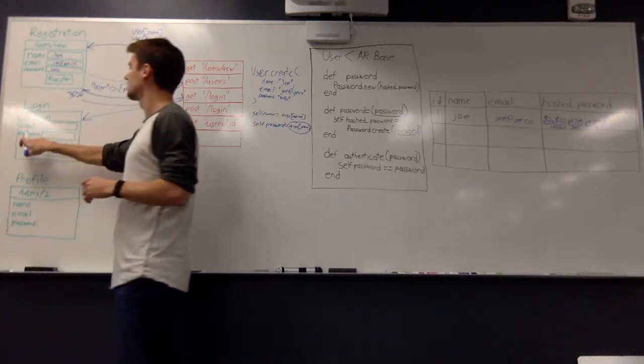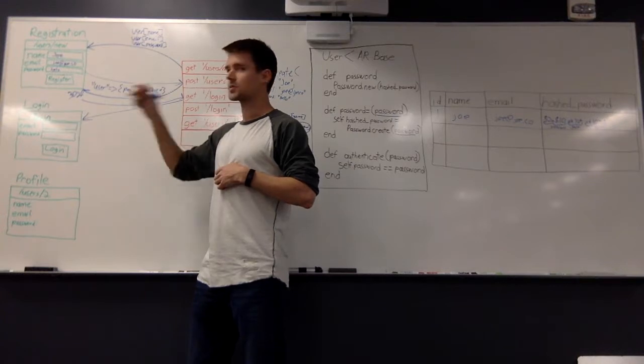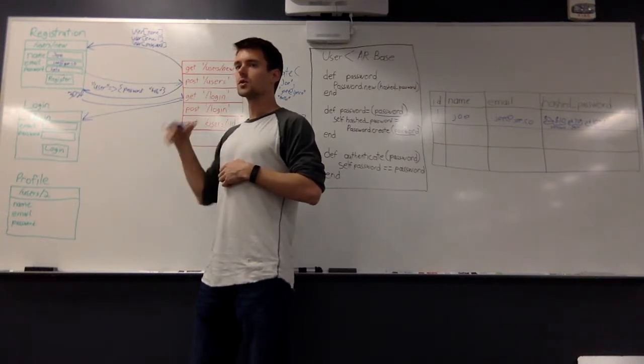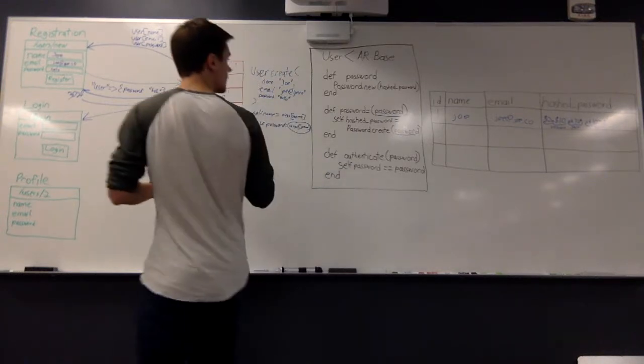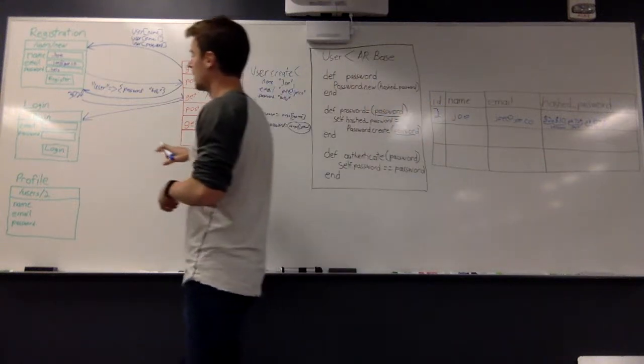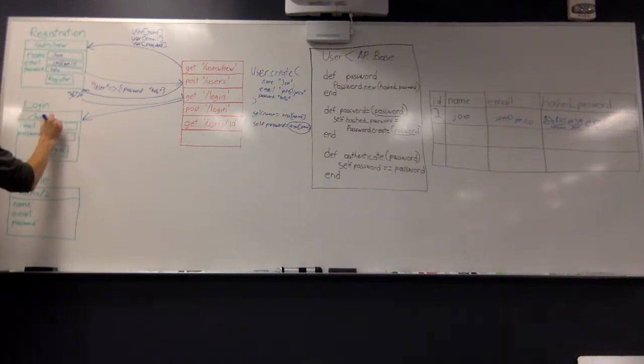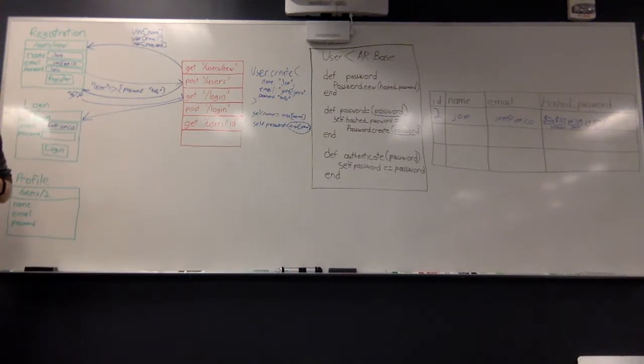And so that's going to return a form here where we ask for login credentials, email and password, right? So Joe's going to log in, and his ID is going to be 2. He types in his email address. What's he type in here if he wants to log in correctly?